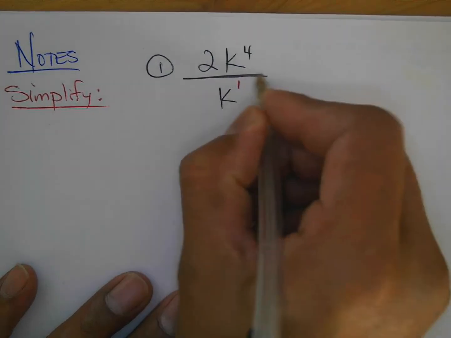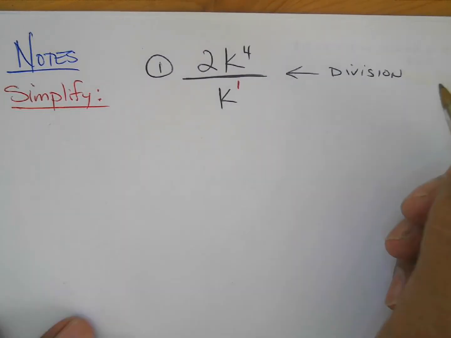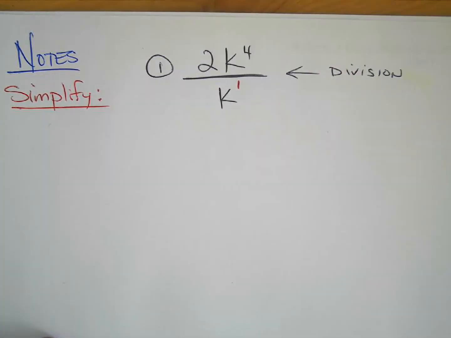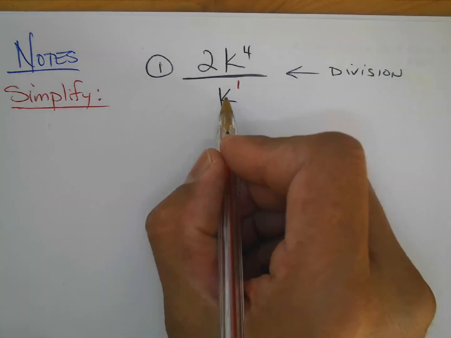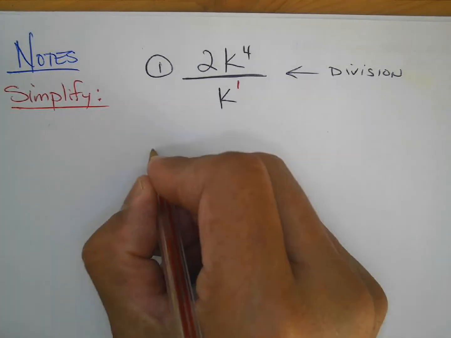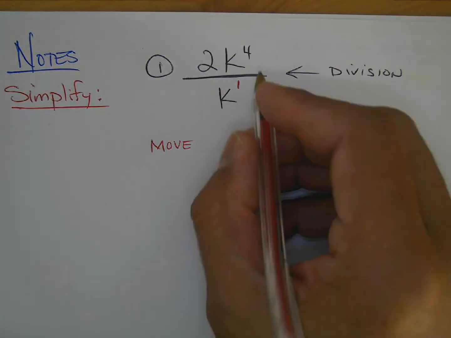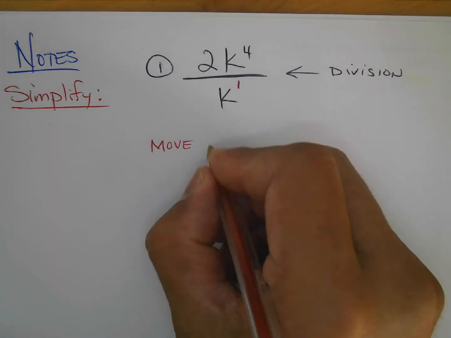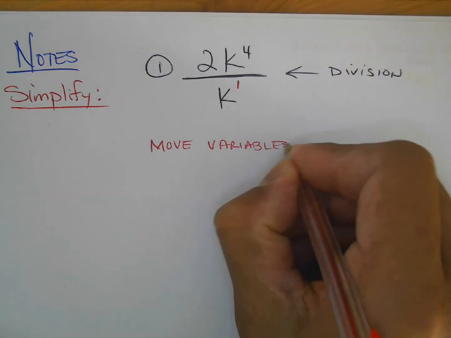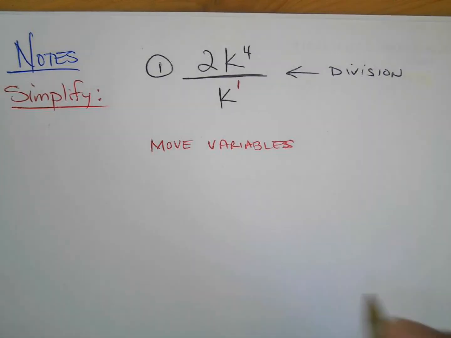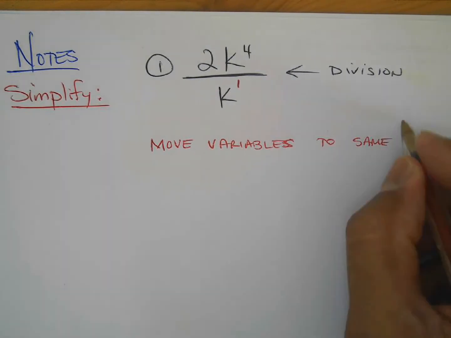When we have a quotient rule, when it's division, this is division. This is what I'm going to help you out with, and hopefully this is a lot easier. We're going to want to move variables, the same letter, to the same side.